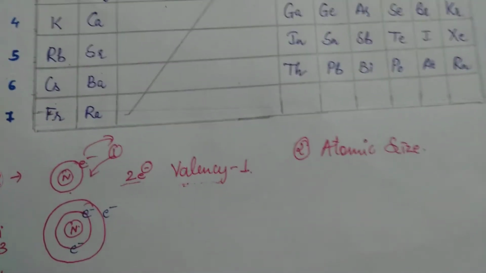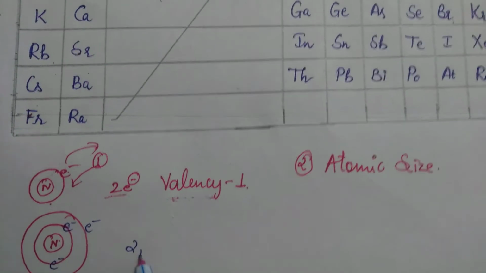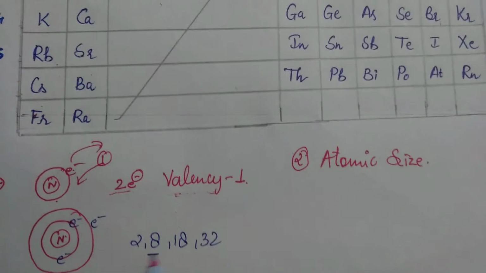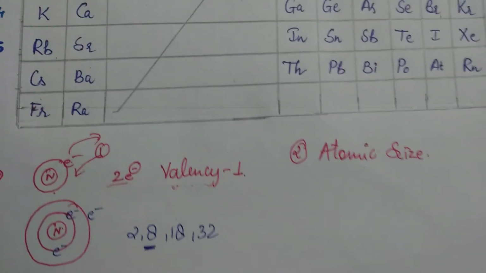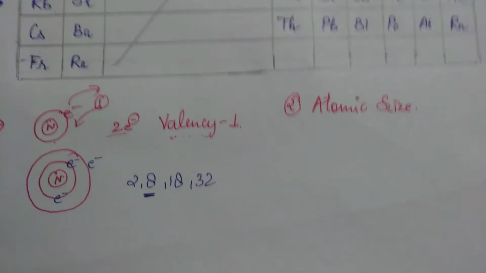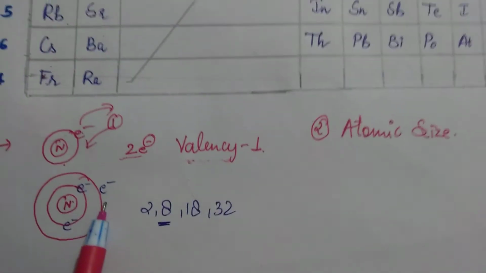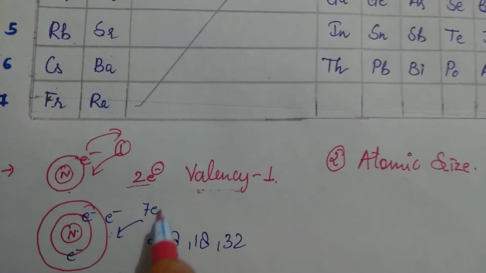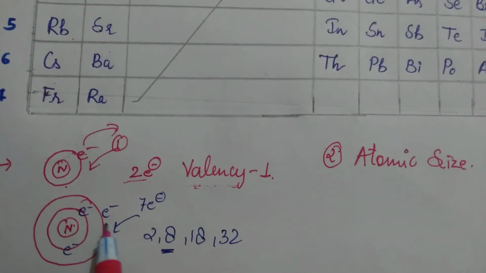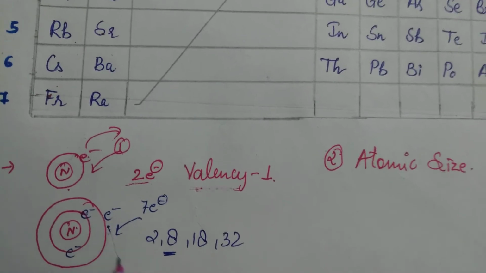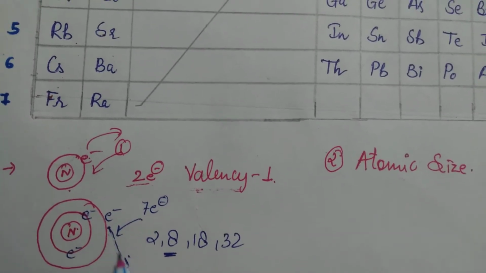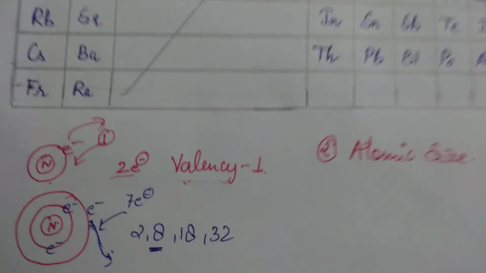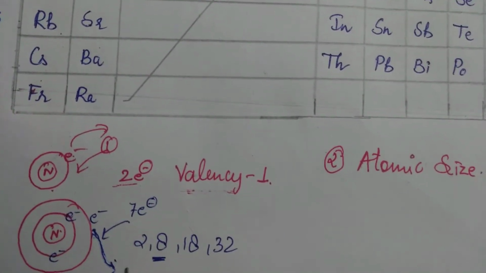According to the magic numbers, the numbers are 2, 8, 18 and 32. The second shell needs an octet, like it needs 8 electrons, but lithium has only 1 electron. So how many electrons does it need to complete its octet? It needs 7 electrons, but it has one free electron. It can also donate this 1 electron, because valency is both accepting capacity and donating capacity. The valency will be 1.